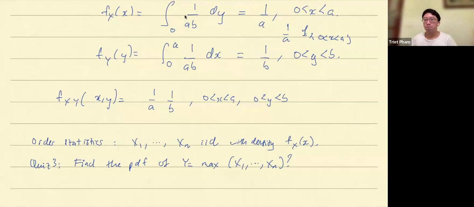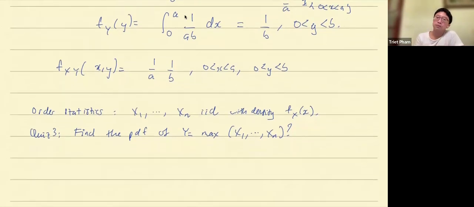How do we proceed? So we proceed, as a theme of finding densities of something, we start with a PDF. Oh, sorry, we start with a CDF. Probability Y less than or equal to y. What would this be?